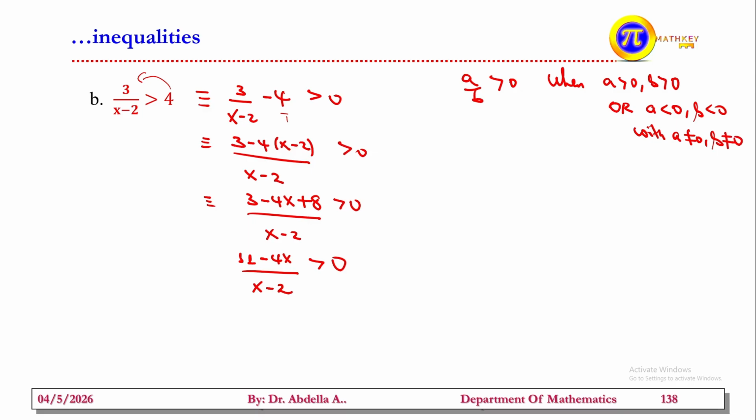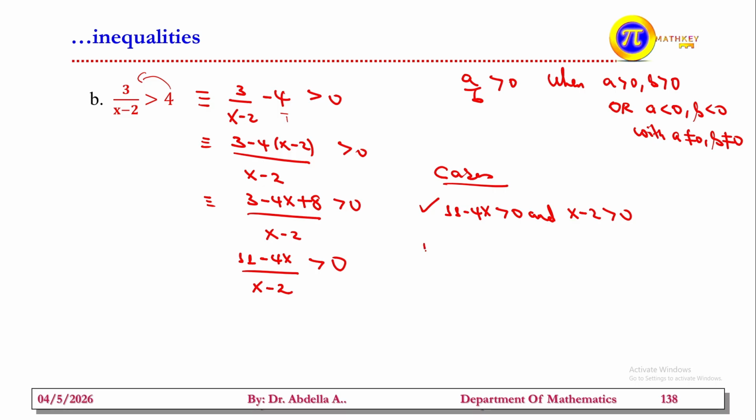So you have to consider cases. The first case: 11 minus 4x is greater than 0, and at the same time x minus 2 is greater than 0.